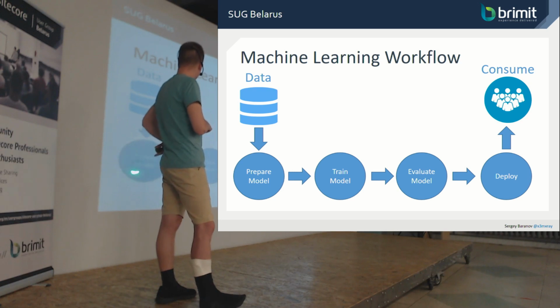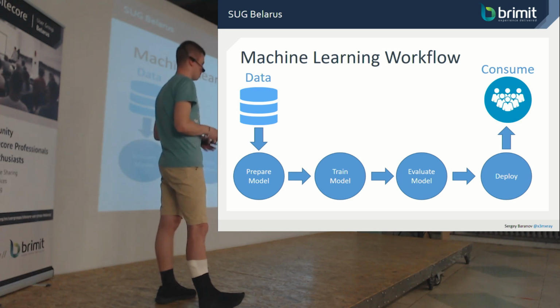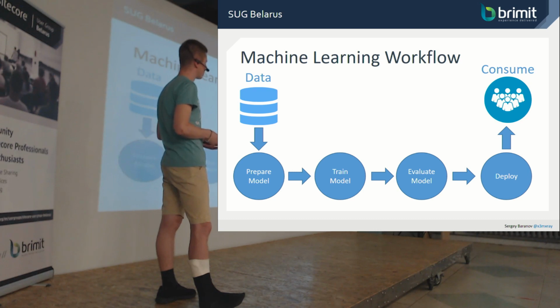Then, when we have a data set, we call training algorithms where we push our data, and as a result, we have a trained model. And this trained model we can use for prediction and to achieve any results that we want.